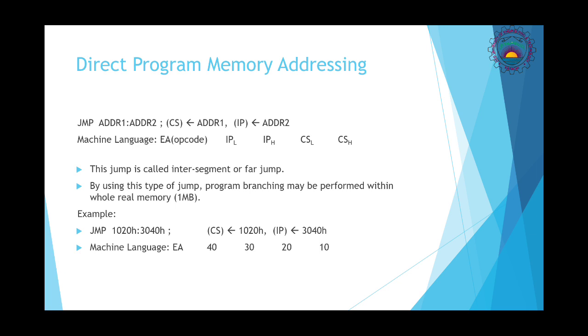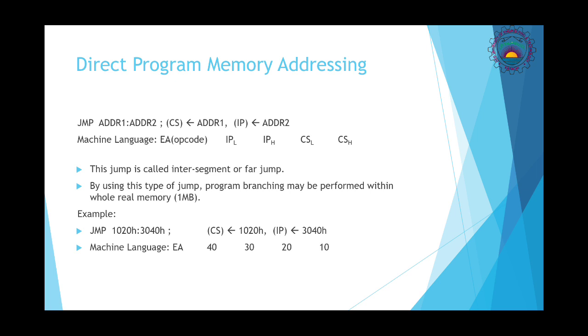The operation is that address 1 will be moved into the code segment register and address 2 will be moved into the IP register.